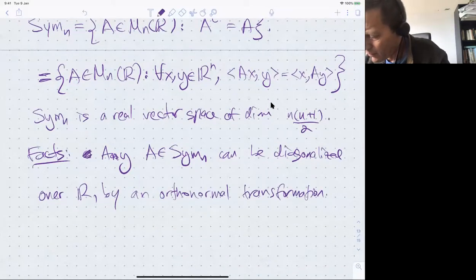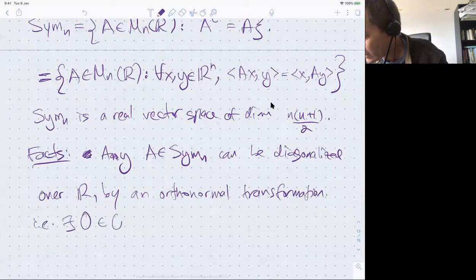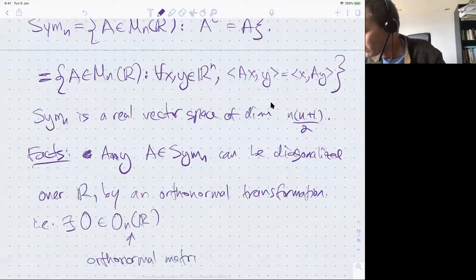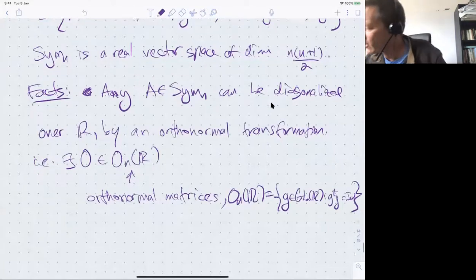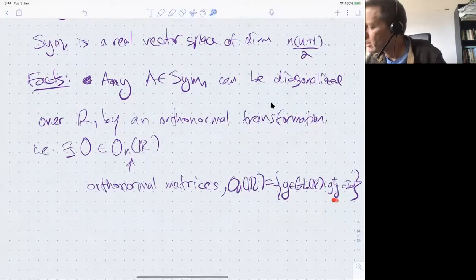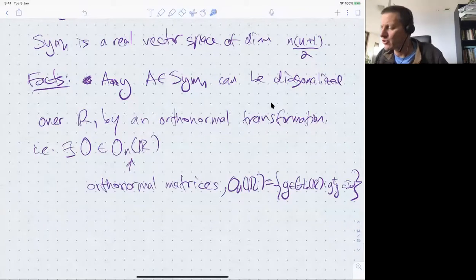And so there's just a matrix O in O(n, R). This is the group of orthonormal matrices. One way to say orthonormal: a matrix is orthonormal if its inverse is equal to its transpose.